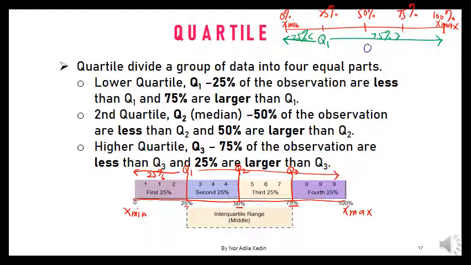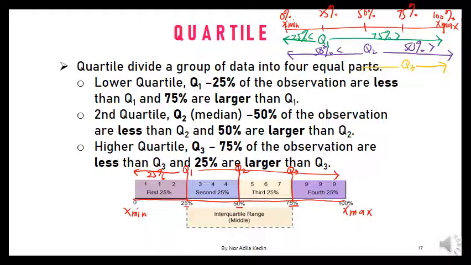Q2 should be in the middle. Apa-apa sebelah kiri Q2, separuh 50% will be less than your Q2. Another 50% will be more than your Q2. And last sekali, Q3 will be here.